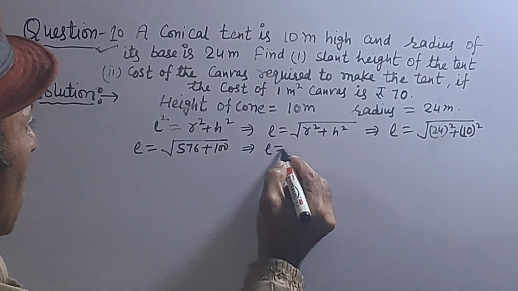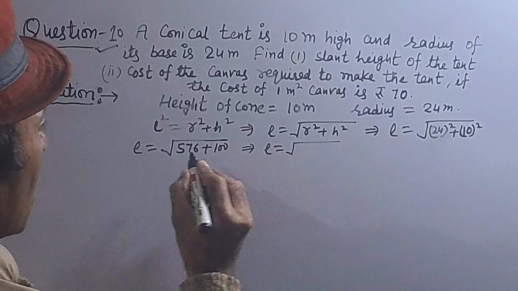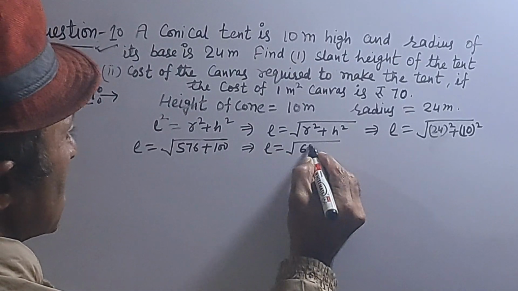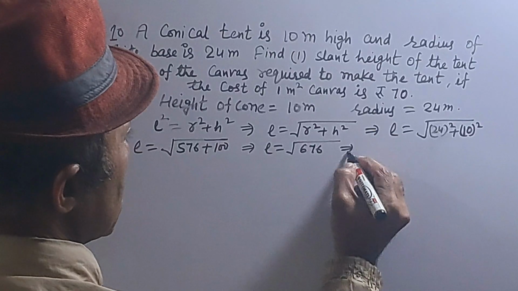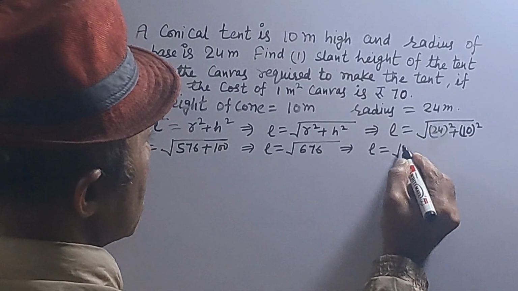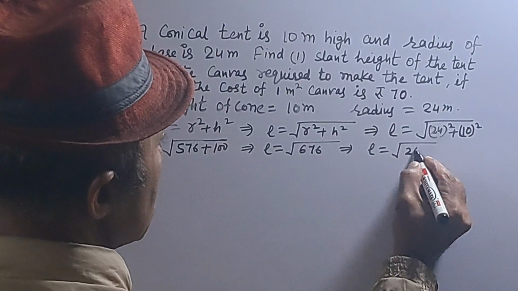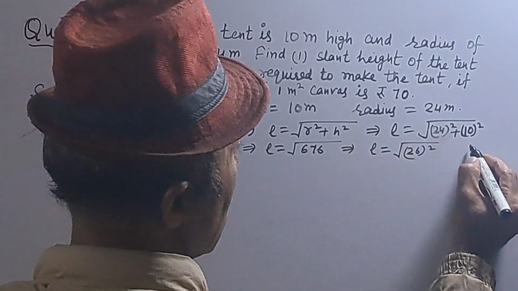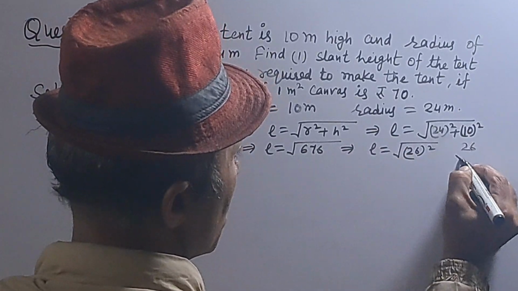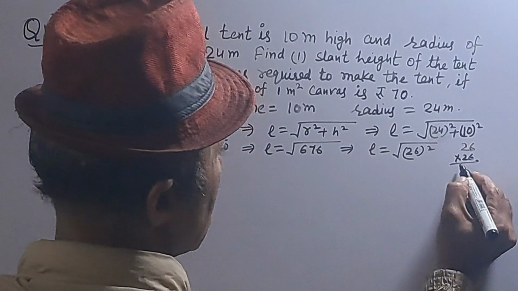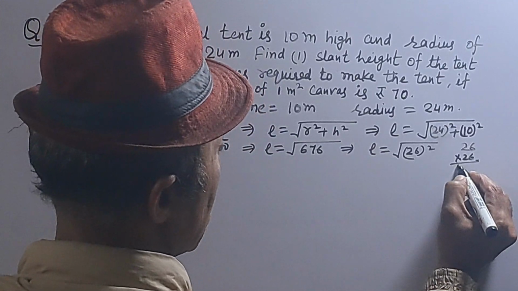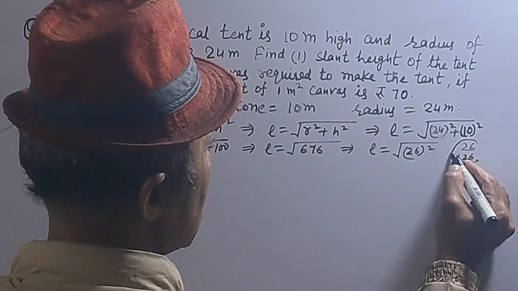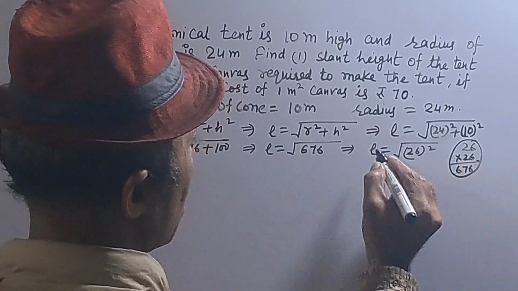So slant height L is equal to root of 576 plus 100, that is 676, which implies slant height L is equal to root of 26 raised to power 2. 26 into 26 is equal to 676, 26 square is 676.